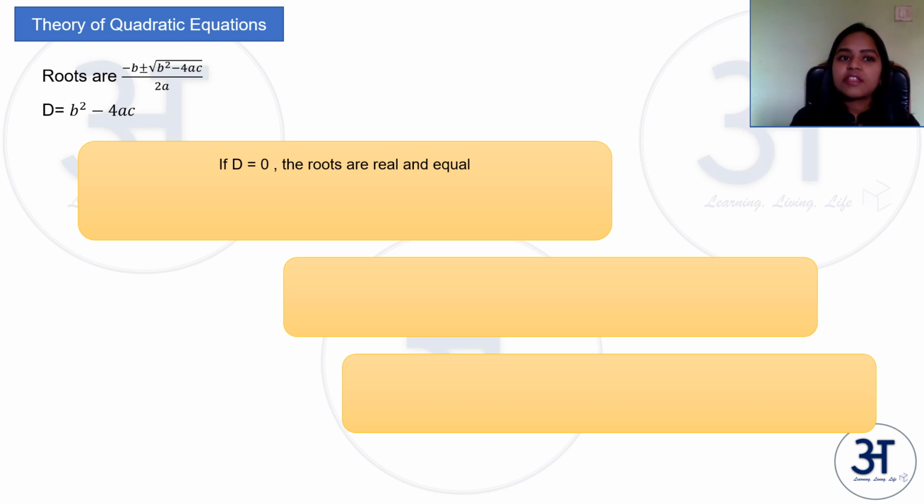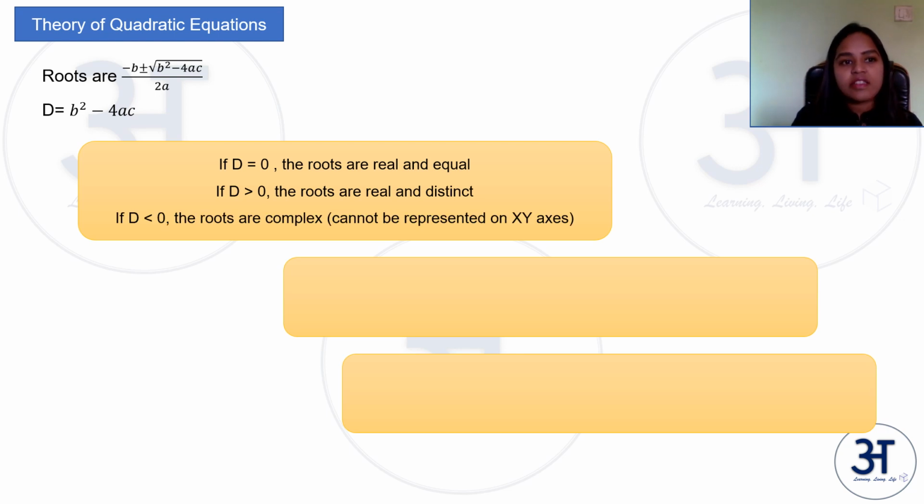Root over b square minus 4ac is some real number, right? Because d is positive. In that case, minus b plus root over b square minus 4ac by 2a and minus b minus root over b square minus 4ac by 2a will be two different numbers, but they are again real numbers. So if d is greater than 0, the roots are real and distinct.